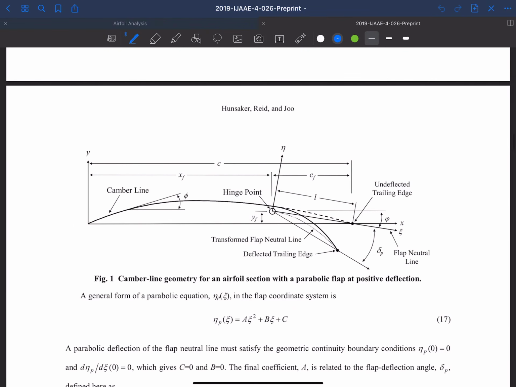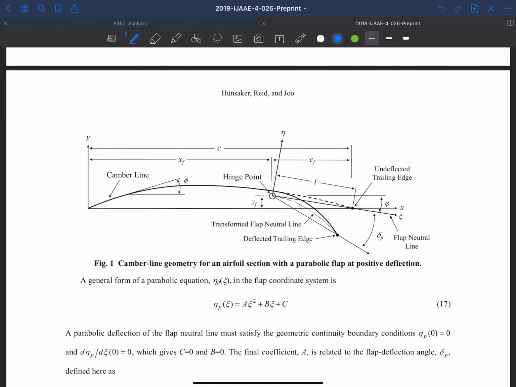I'm just going to actually jump to this drawing here. So we've got our traditional camber line here, and that's a solid line until we get past this hinge point, and then the original camber line is this dashed line here, and we get to the trailing edge here, and we allow a hinge point to be defined, and that hinge point can actually be anywhere in X or Y. So you can even define that hinge point above the airfoil or below the airfoil or somewhere close to the camber line.